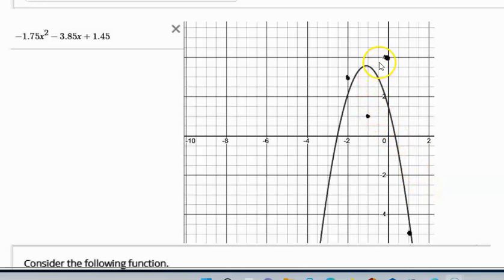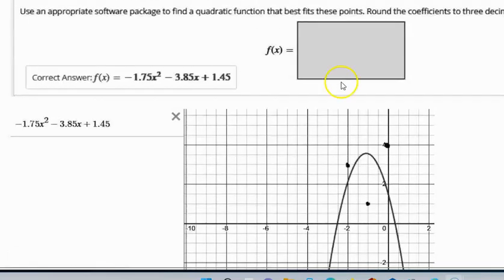Now notice what it's doing is averaging these points that were the original scattered points on that graph that we have above. But through that method of least squares and using the software, this was the parabola that came out of it.